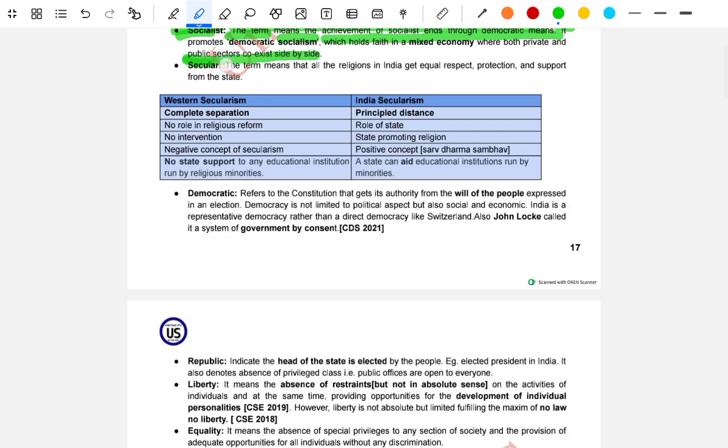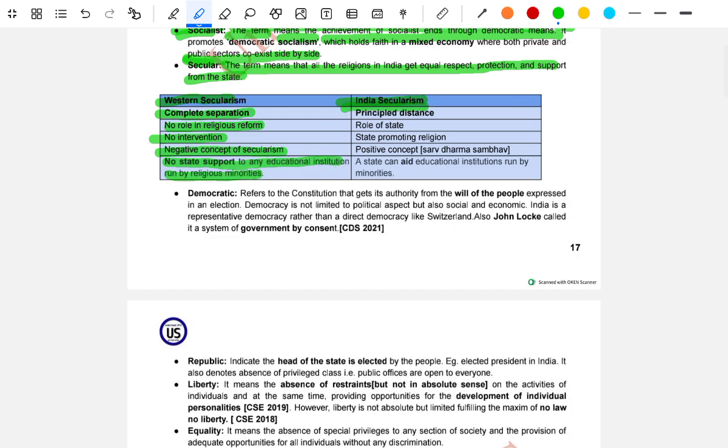Secular. The term means that all the religions in India get equal respect, protection, and support from the state. Western secularism versus Indian secularism. Western secularism: complete separation, no role in religious reform, no intervention, a negative concept of secularism, and no state support to any educational institution run by religious minorities.